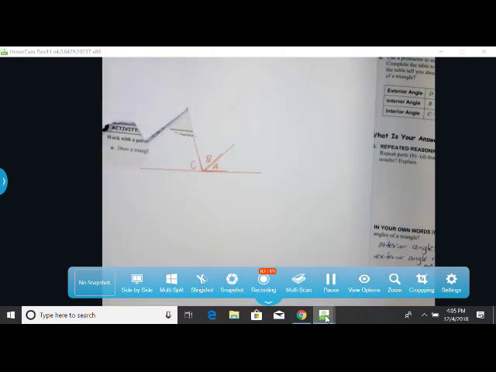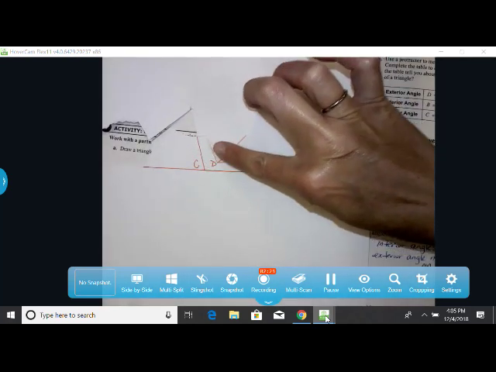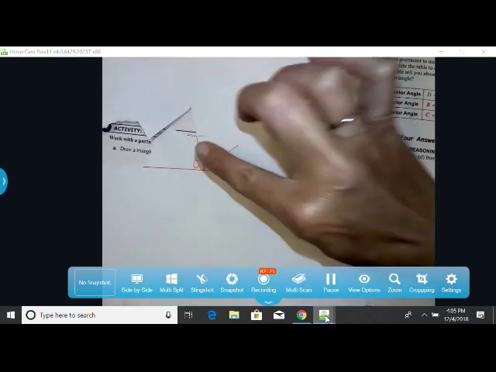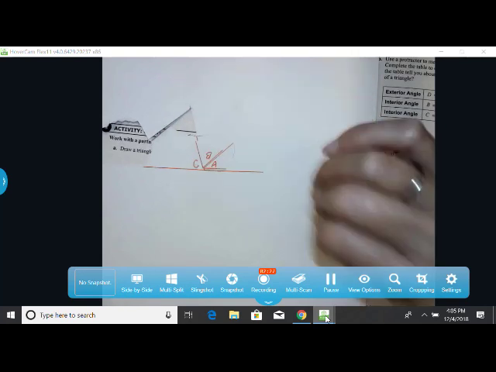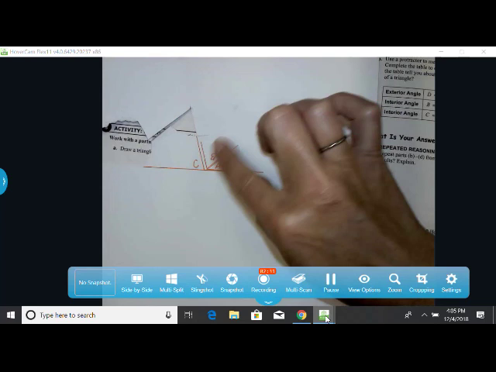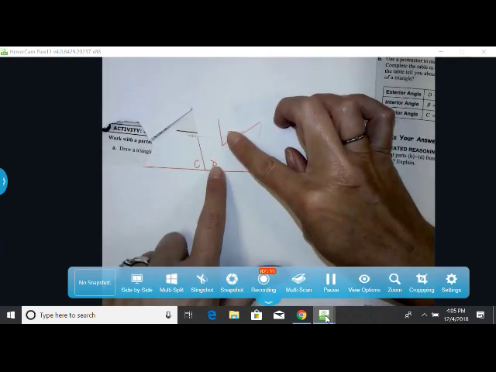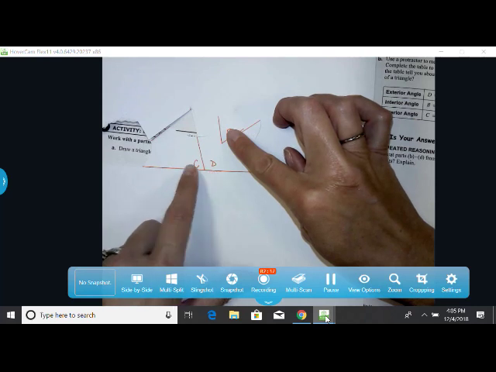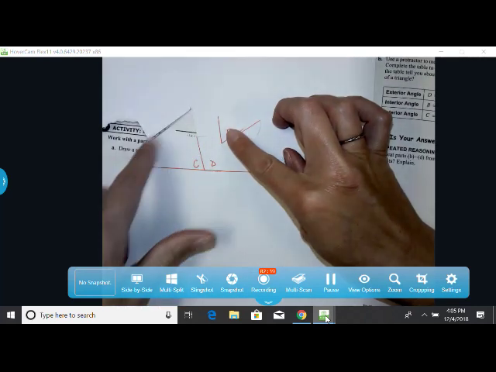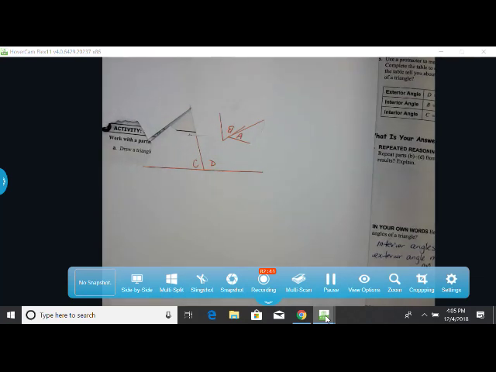You can see that A and B together, meaning we add them, are the same as that exterior angle D. A and B together make that exterior angle. Now notice I used the two angles that were not right next to D, not the adjacent angle, but the other two interior angles. So let's go ahead and add those two pieces of information to our notebook.